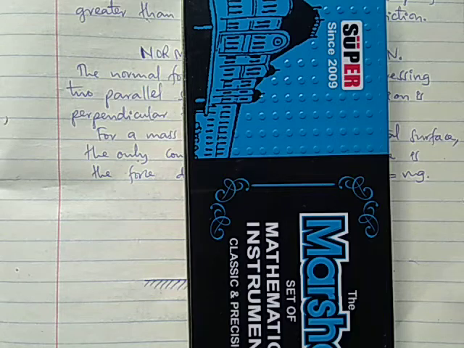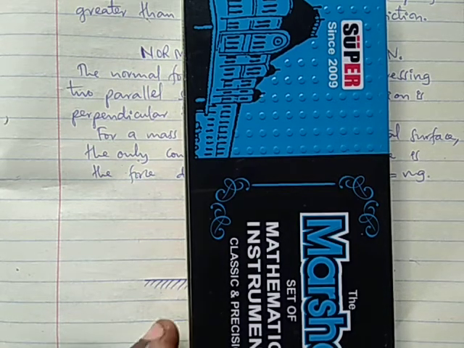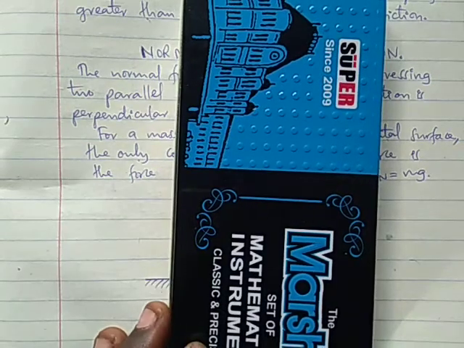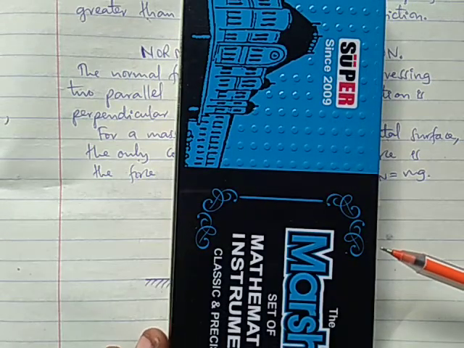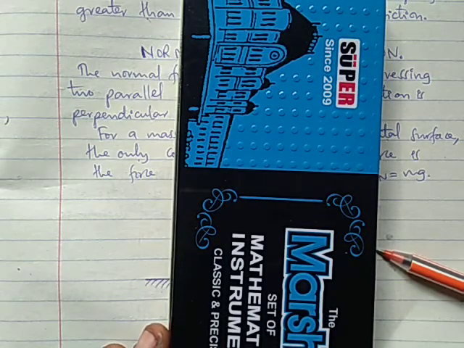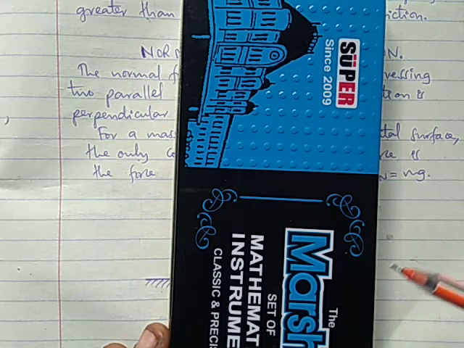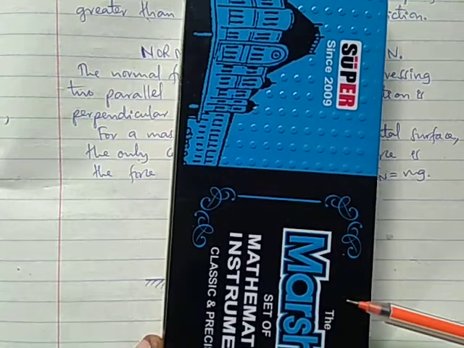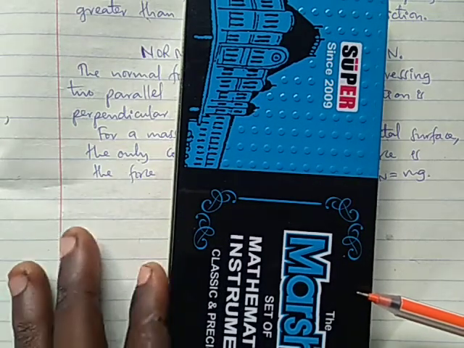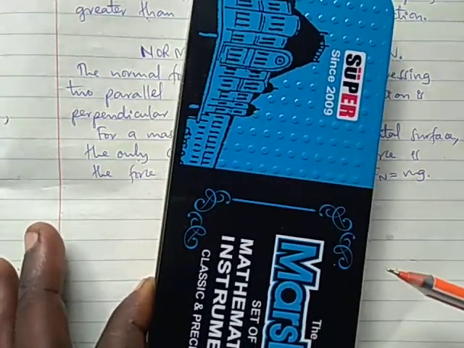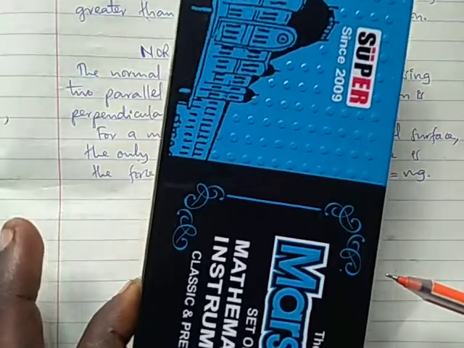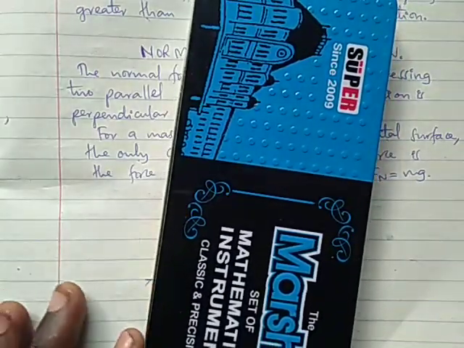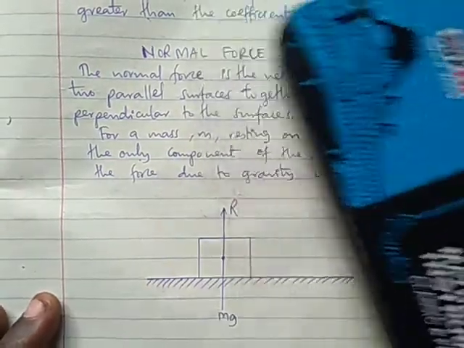And this force is the one which we are calling the normal reaction. So this force which compresses between this mathematical set and the exercise book increases with the weight of this mathematical set. As we increase the weight of this mathematical set, it will be very difficult to lift it, simply because of the normal reaction which compresses the two surfaces together.